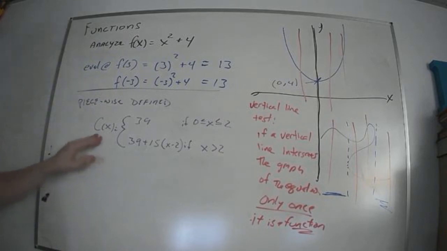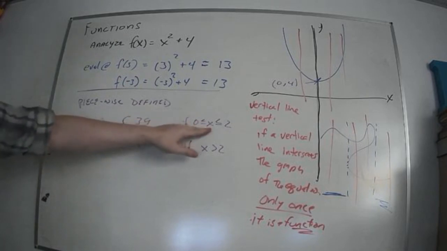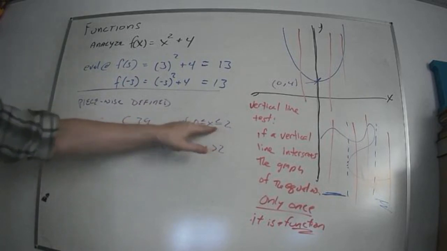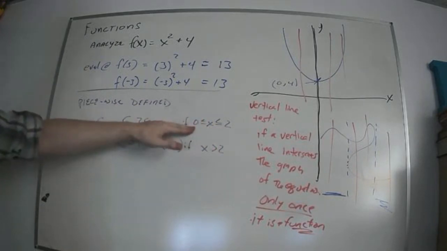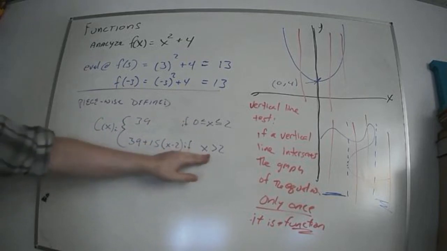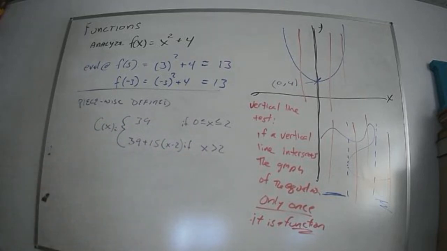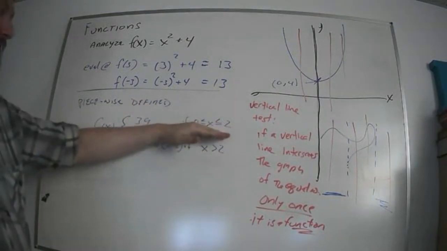And this says C of x is 39 if x is between 0 and 2 inclusive. That is, say if x takes a value from 0 to 2, so this is the domain, or C of x is 39 plus 15 times the quantity x minus 2 if x is greater than 2. So piecewise defined means that it has a domain.